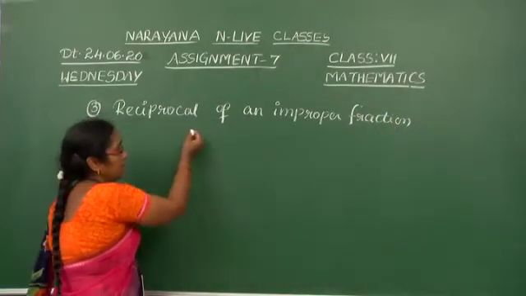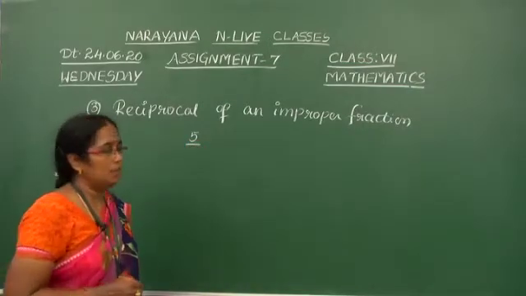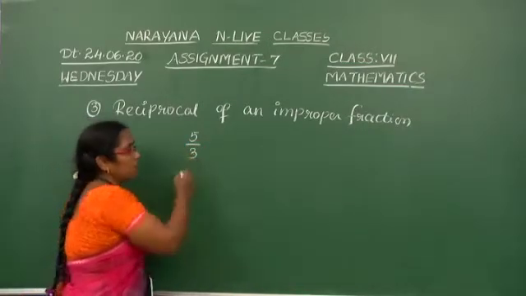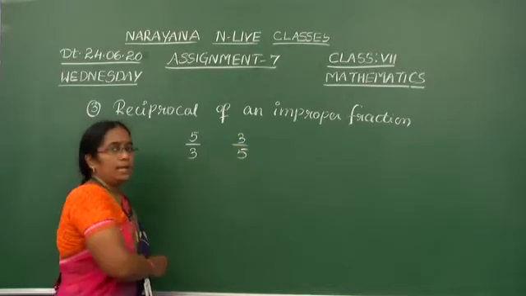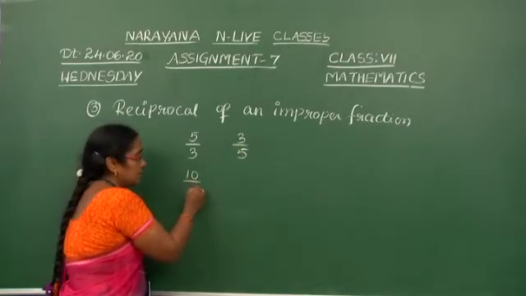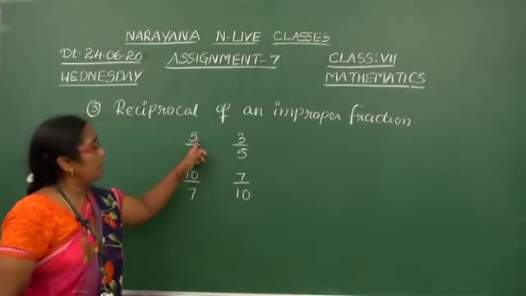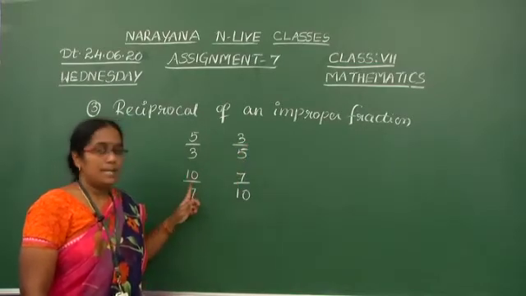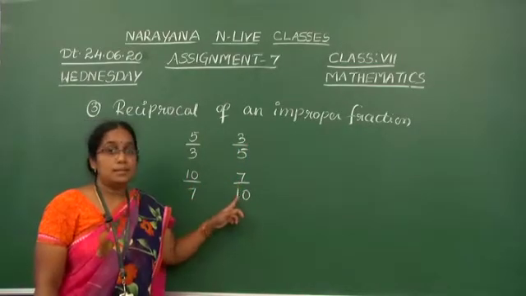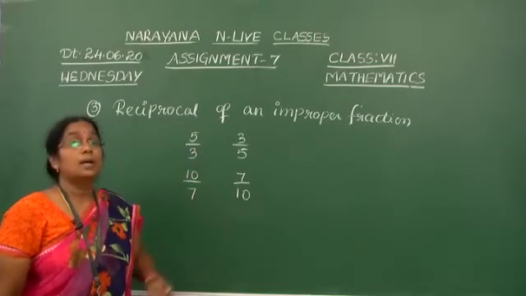Let us take one improper fraction, where the numerator is greater than the denominator, that is called improper. So 5 by 3 if you take, what is the reciprocal form? 3 by 5. If you take 10 by 7, what is the reciprocal? 7 by 10. Observe the reciprocals. 5 by 3 reciprocal 3 by 5 is a proper fraction. 10 by 7 reciprocal is 7 by 10. This is also a proper fraction.